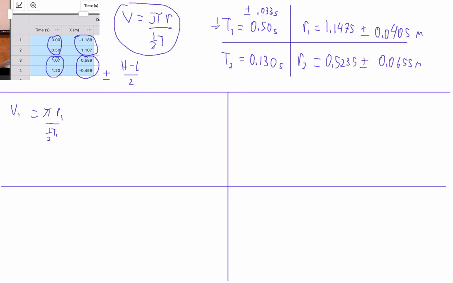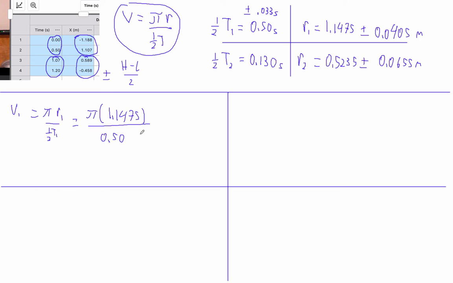And these, by the way, are the half periods. Okay, that's what those things are. They're not the period, but the half period. Okay, so we can just plug this thing in. This is going to be pi times 1.1475, okay, divided by 0.50.